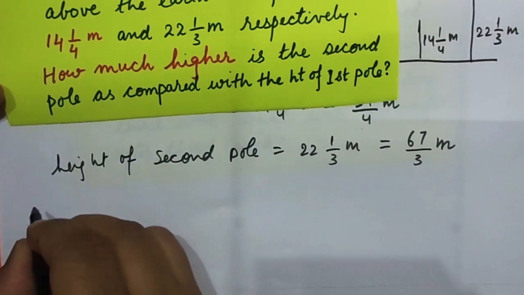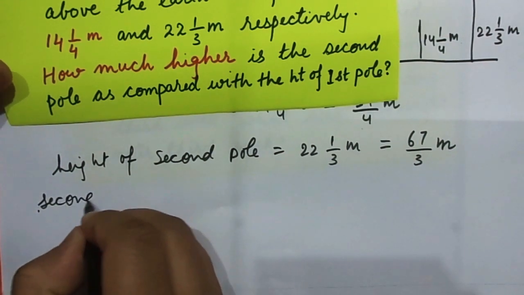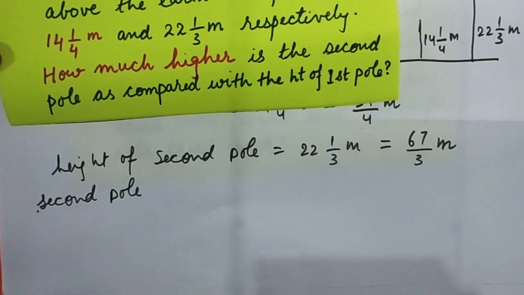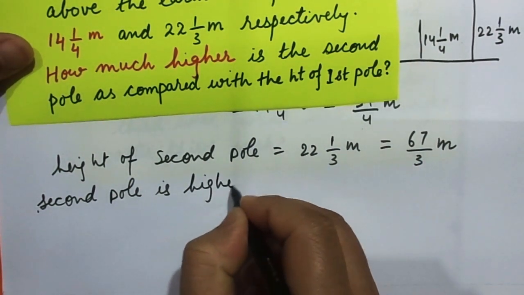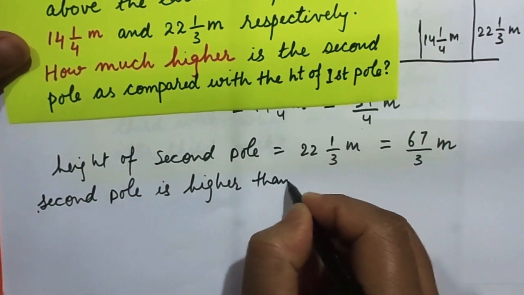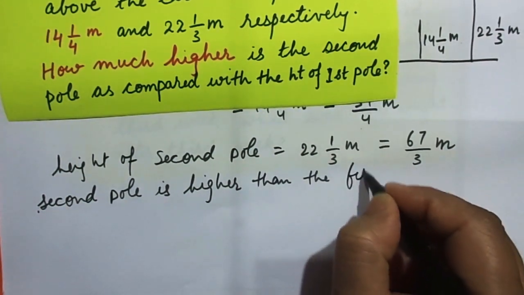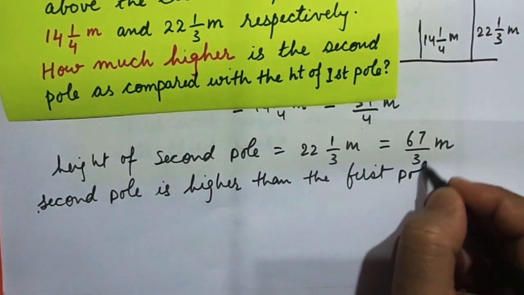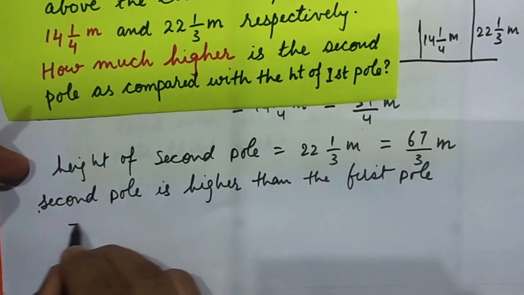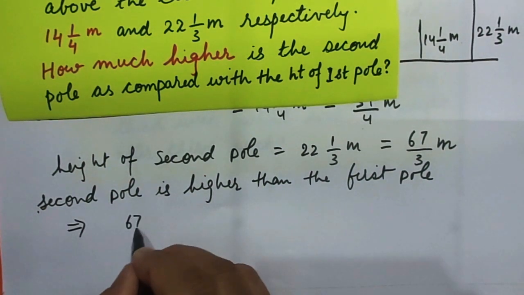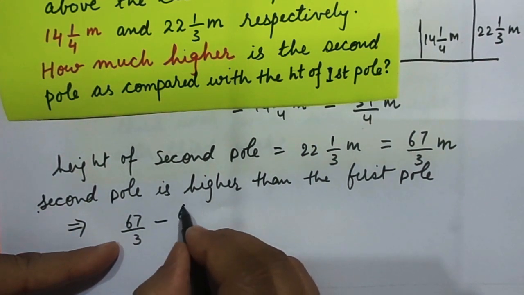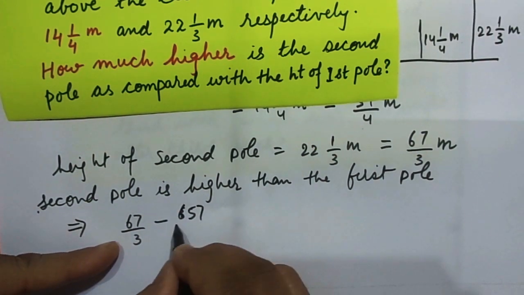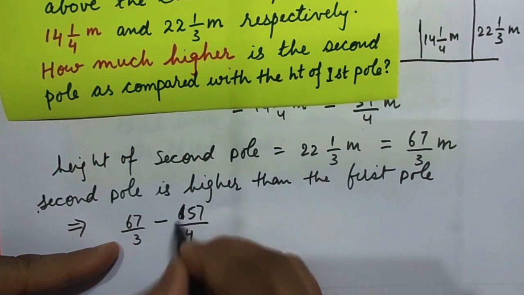So the second pole is higher than the first pole by how much? By 67 by 3, the bigger one, minus the smaller one, 57 by 4.